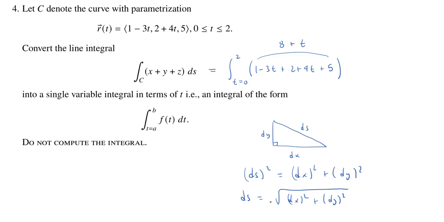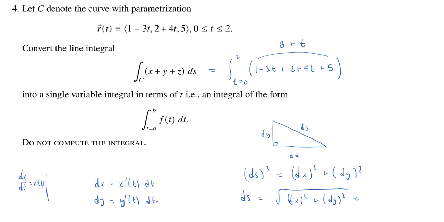If we also remember that dx is equal to x prime of t dt, and dy is y prime of t dt, which you might believe if you said, well, what is dx/dt? That's the same thing as x prime of t. Then I could replace these dx's and dy's with x prime of t dt and y prime of t dt, respectively.